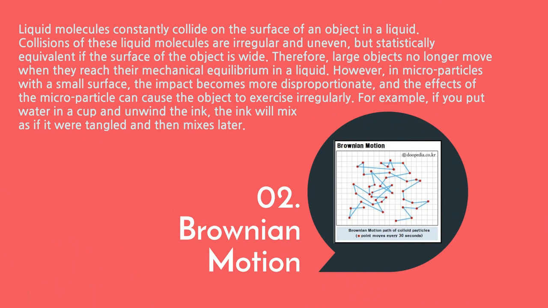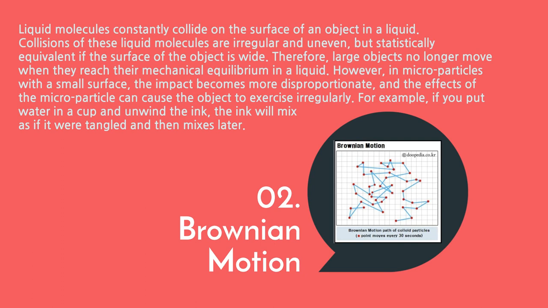Next, Brownian motion. Liquid molecules constantly collide on the surface of an object in a liquid. Collisions of these liquid molecules are irregular and uneven, but statistically equivalent if the surface of the object is wide. Therefore, large objects no longer move when they reach their mechanical equilibrium in a liquid.